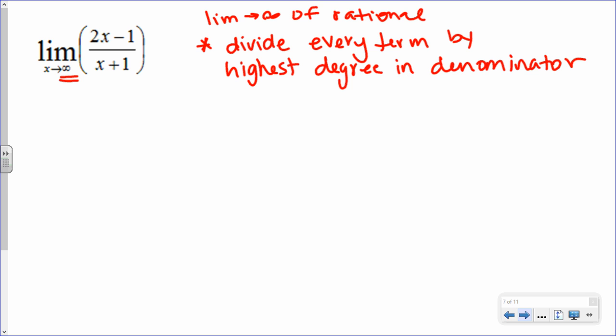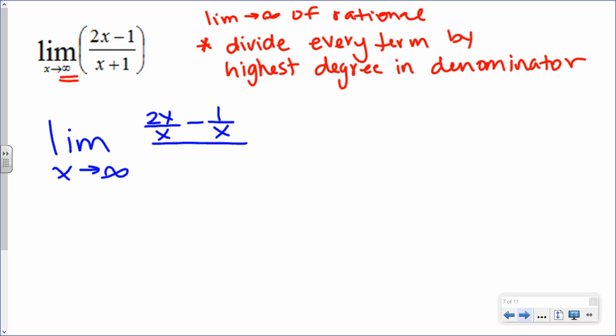Okay, what do I mean by that? In this example, the degree of the denominator is 1. So we're going to divide every term by x to the first power. Every single term. Okay? If we had a degree of 2 in the denominator, then everything would be divided by x squared.